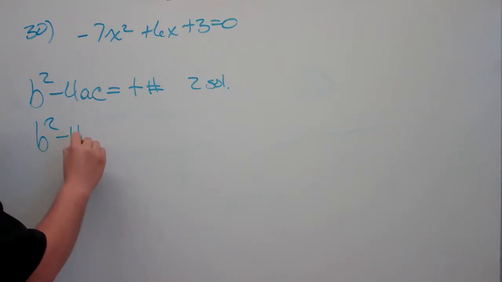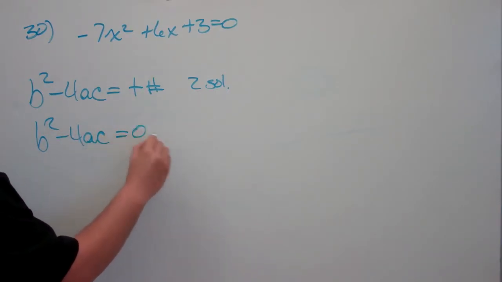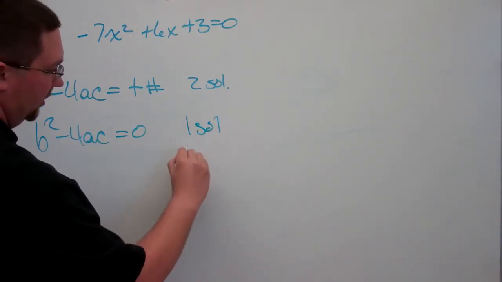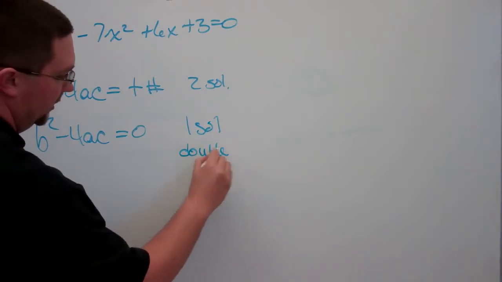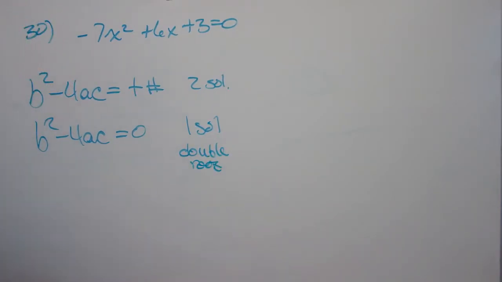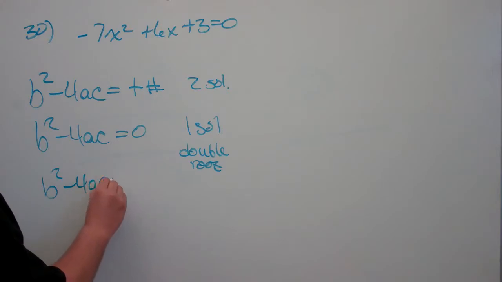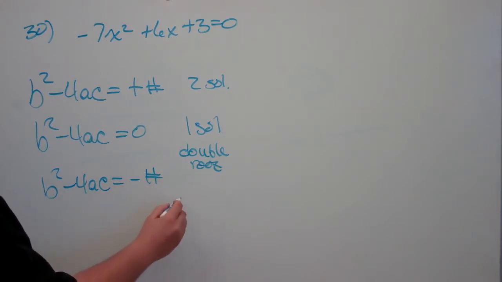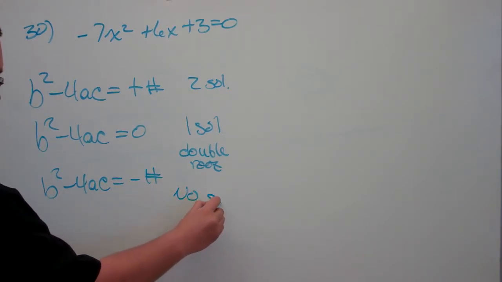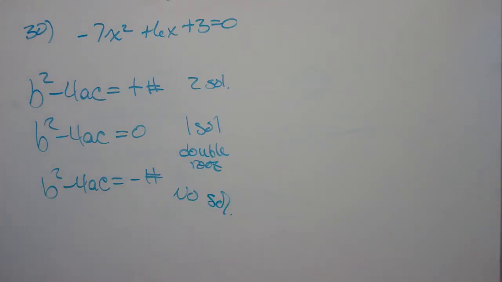If b squared minus 4ac equals 0, you have 1 real solution, and it is called a double root. It means your vertex is on the x-axis. If b squared minus 4ac equals a negative number, this problem has no soul.